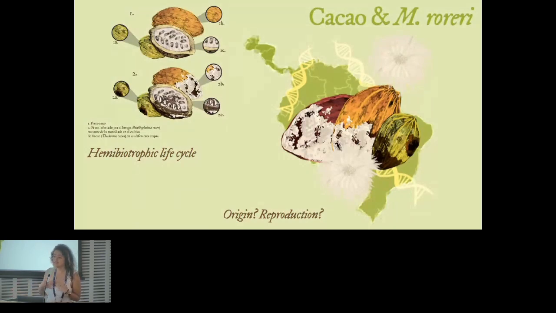So as you can see, there's a lot of gaps around this pathogen, and we're talking about a pathogen that destroys almost 80% of Colombians' cacao a year, for example. So we said, okay, we need to save cacao from this fungus, and we need to understand a little bit better who is the enemy so we can actually attack the enemy, right?